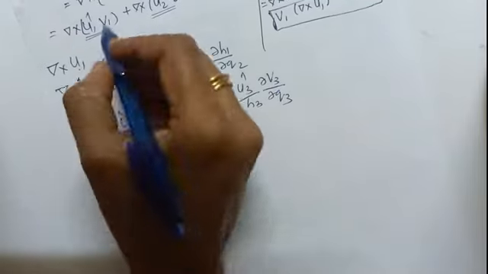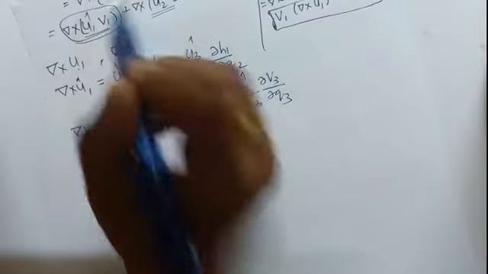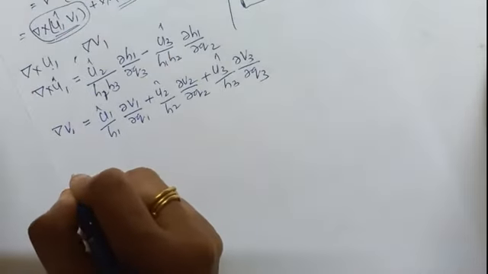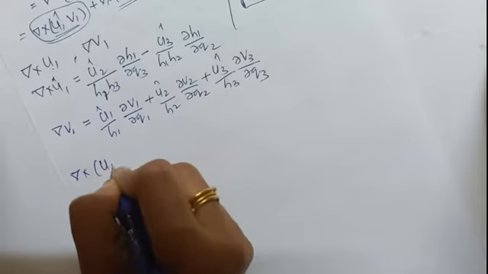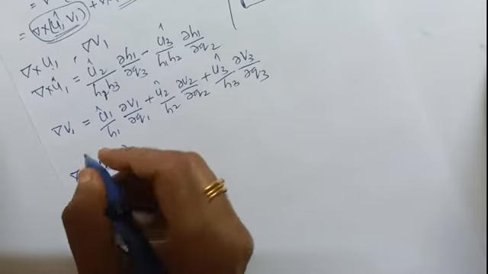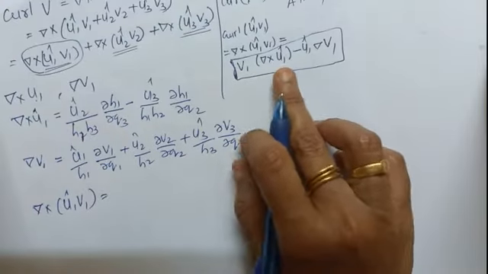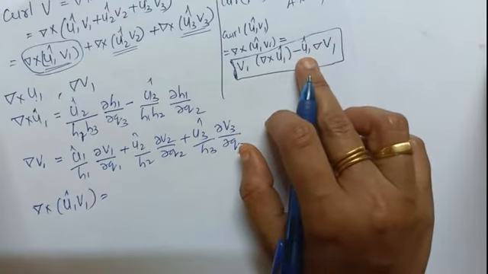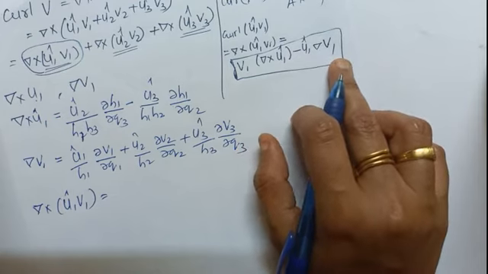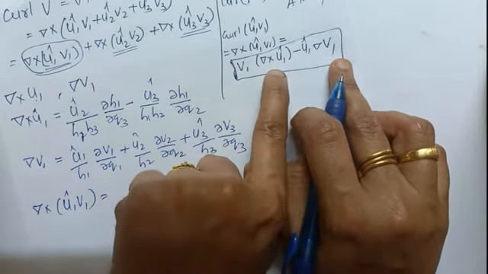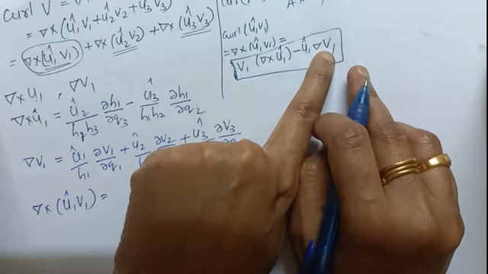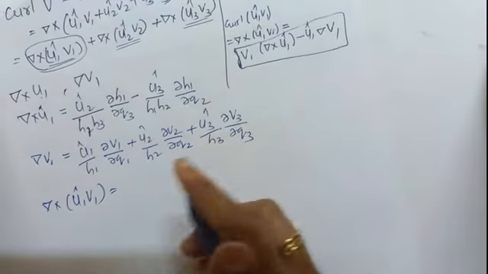What we are going to do? We are going to substitute it for the first term. That is del cross Ui Vi, U1 V1, is equal to, what is our identity? V1 into del cross U1 minus U1 grad V1. So del cross U1 we have the value and grad V1 also we have the value, so we are going to substitute for that.